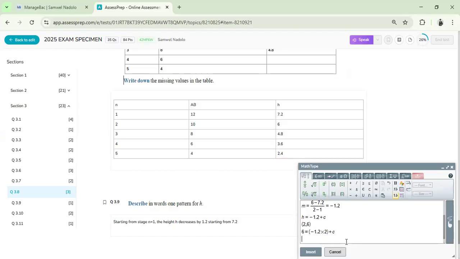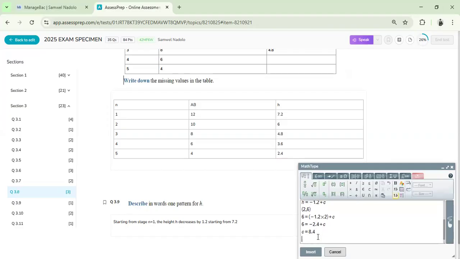So this is 6, equal to negative 1.2 times 2 is negative 2.4, plus c. Make sure you make c the subject at this point by moving 2.4 to the left hand side. If you move it, it will change the sign. Then it will be 6 plus 2.4, which will be 8.4.